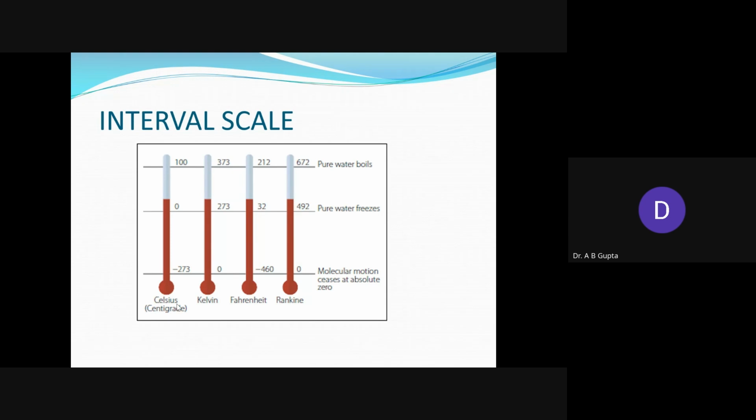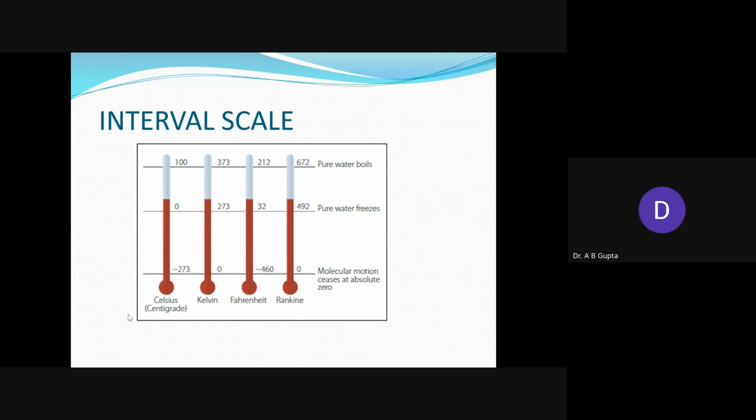Because my zero is not absolute zero, I cannot say that 30 degrees Celsius is 3 times more warm than 10 degrees Celsius. That does not mean anything, because my zero is only a reference point.